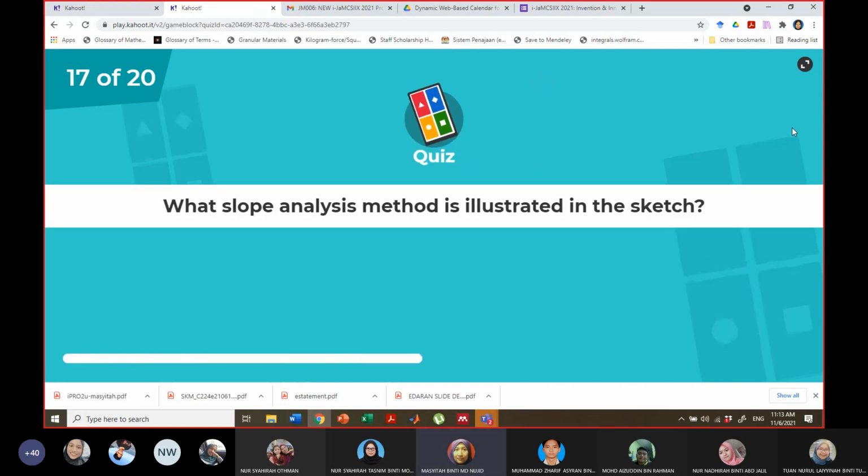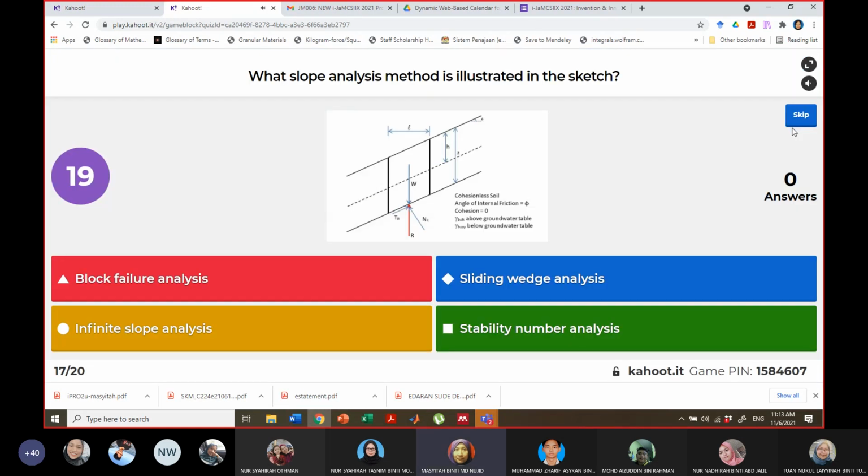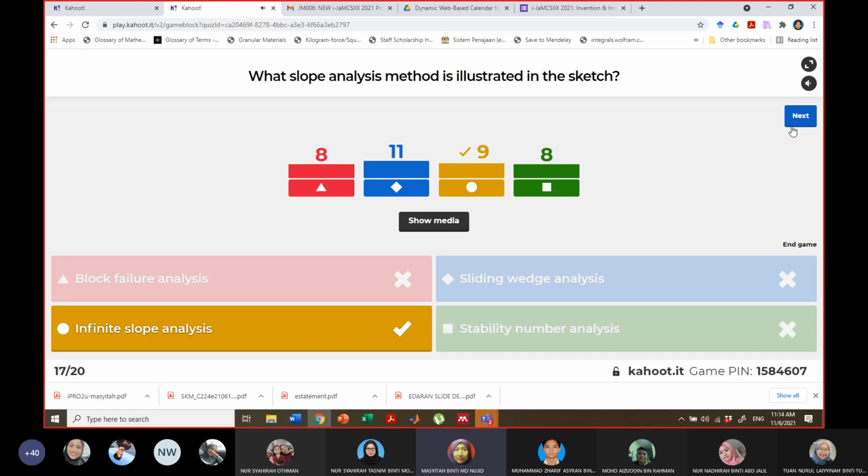So remaining three questions. What slope analysis method is illustrated here? Yes, infinite slope. Why infinite slope? Because you can see that the slope is long, limitless.